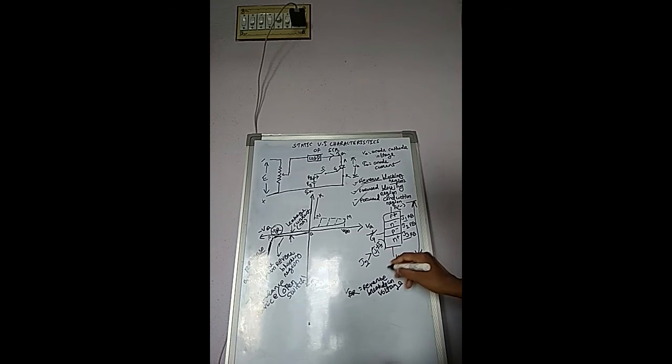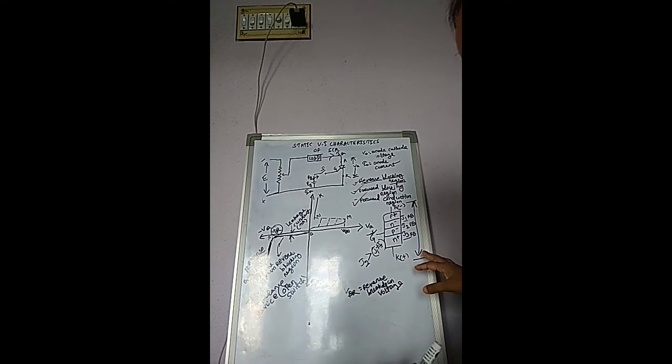So by combining, we get the total thickness, that means the thickness of the J1 junction and the thickness of the J3 junction. So the total thickness of J1 and J3, whatever it may be, the thickness of J2 is always greater than the total thickness of J1 and J3 in this case.